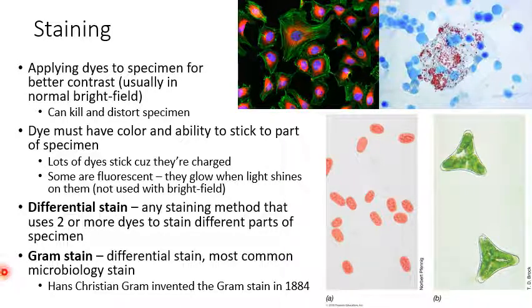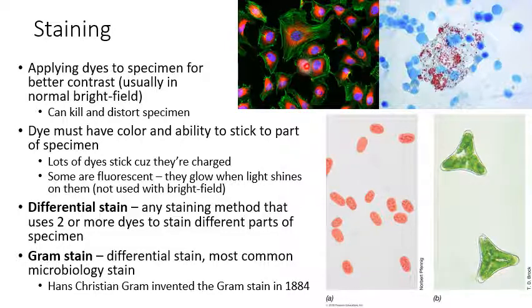Then you have differential stains. A lot of stains are differential stains. Any staining method that uses 2 or more dyes is differential. So this fluorescent stain is a differential stain because we've got 3 different colors here, 3 different dyes. Each of those dyes is labeling something different inside the specimen.